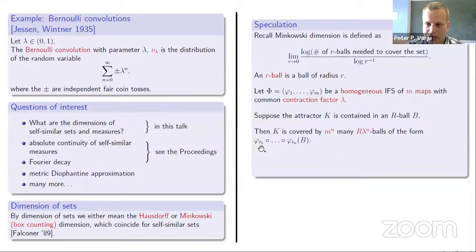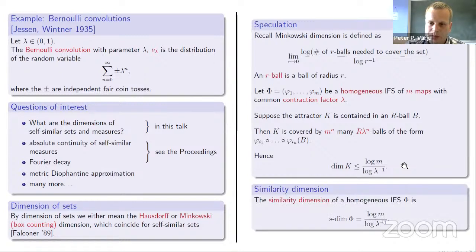You can take all n-fold compositions of these maps and look at the image of this ball B, which covered the original set K. And now the union of these, because of the self-similarity property, will cover K again. So you get a covering with m to the n many balls, which have radius capital R times lambda to the n. And if you plug it into this formula, then what you can conclude from this is that the dimension is not bigger than log m over log lambda inverse.